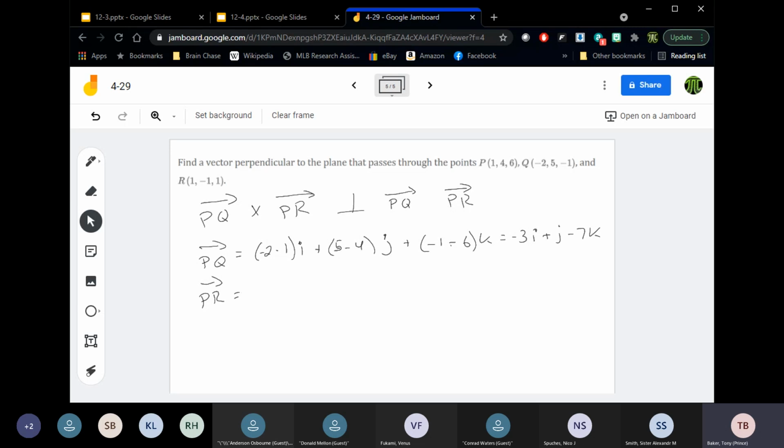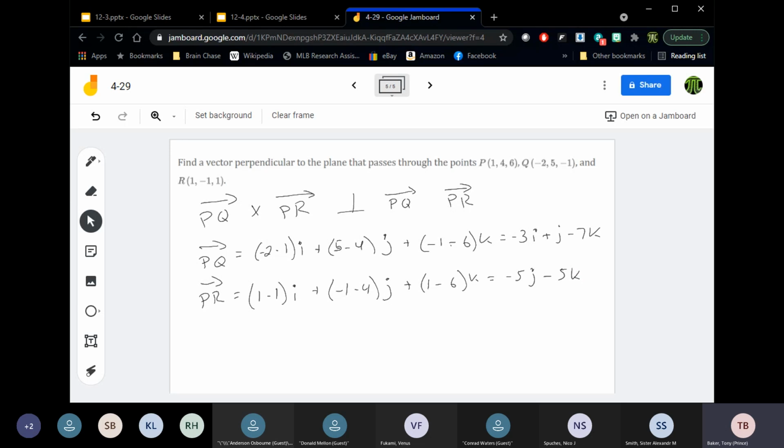So same thing with P and R. I do 1 minus 1, and that's I, plus -1 minus 4 J, plus 1 minus 6. Okay. So I get -5J minus 5K, and there's no I in this case.